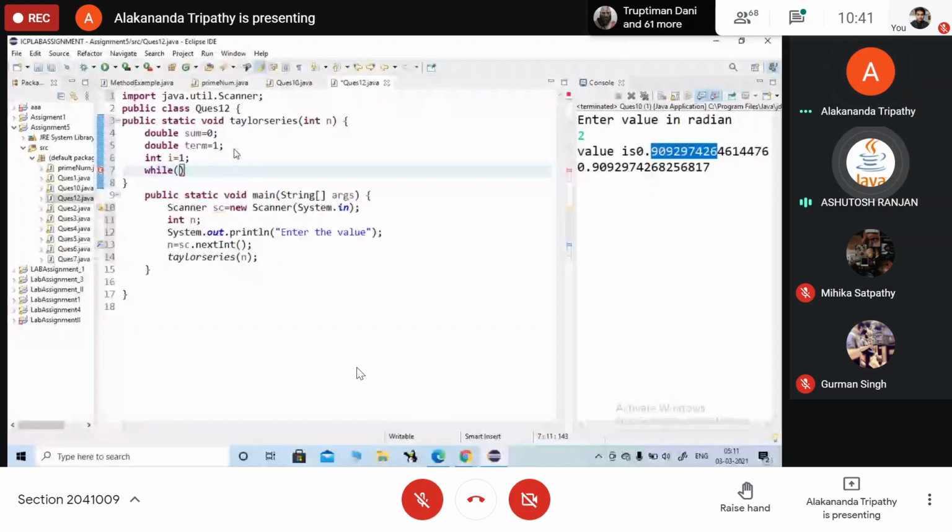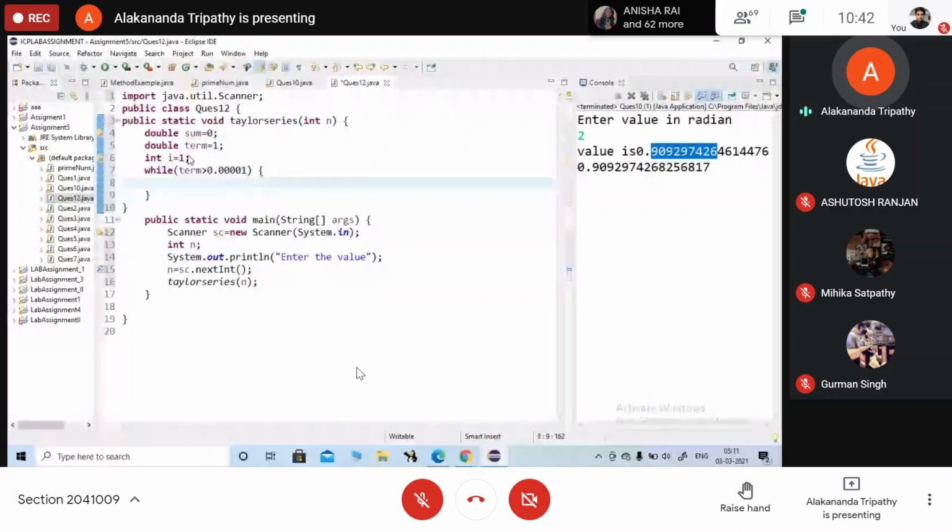One term should be greater than... Okay. Now while term should be greater than 0.0001, I'm providing 0.0001.